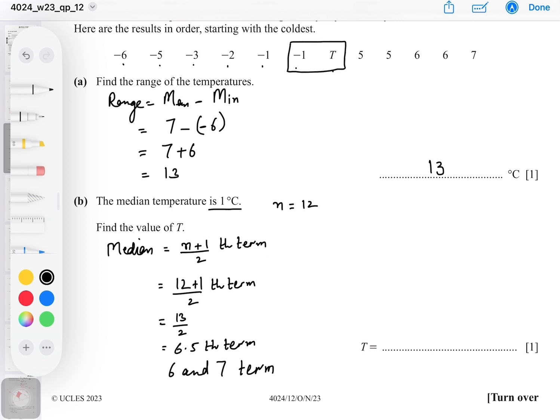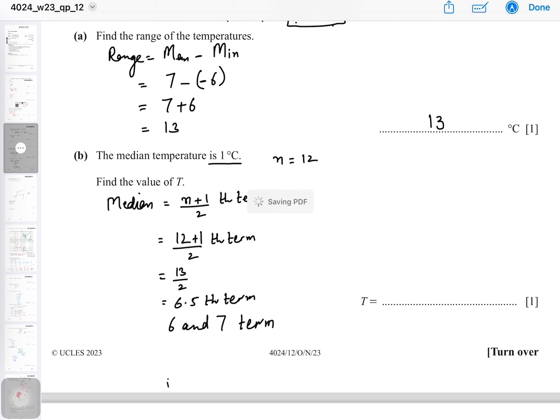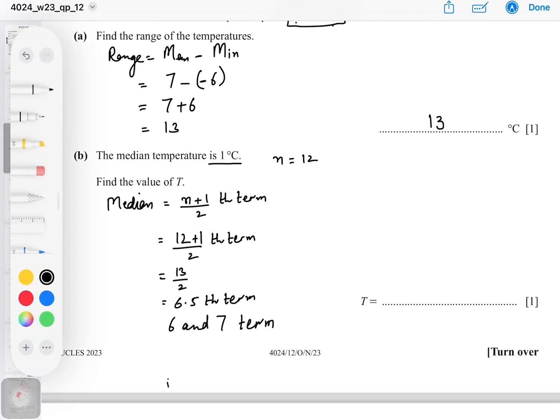So we have to find out the 6th term is minus 1 and 7th term is T. And we have to find out the average of these two. If we say this, median is equal to minus 1. So I will put median here, that is minus 1.